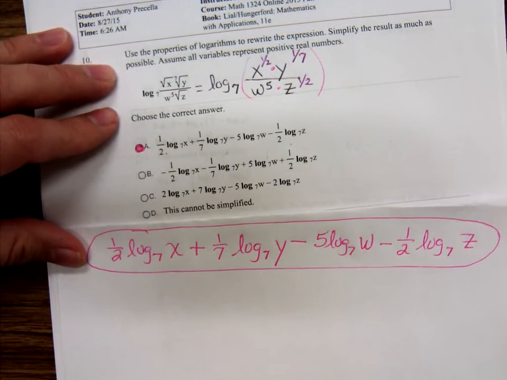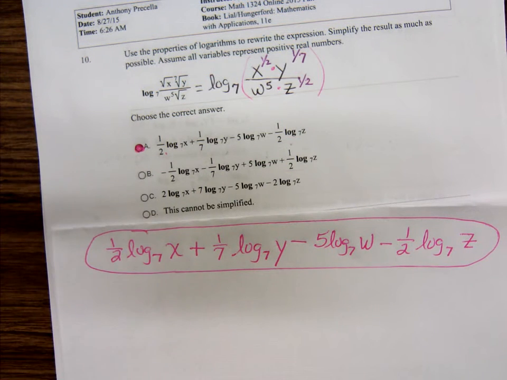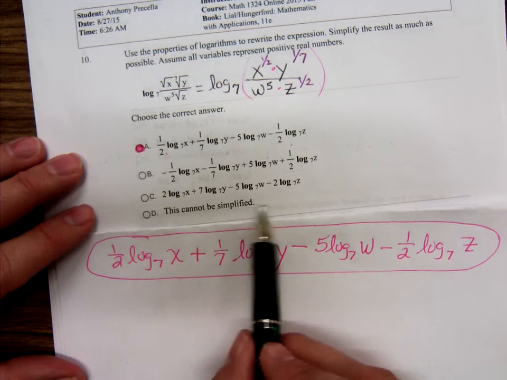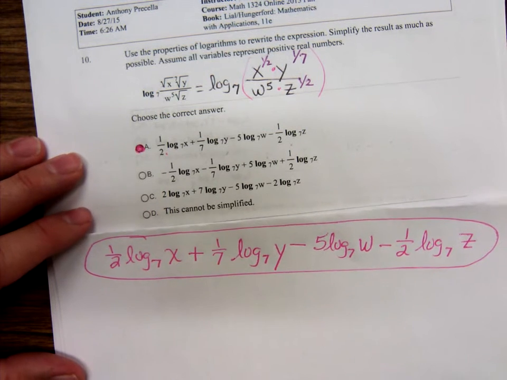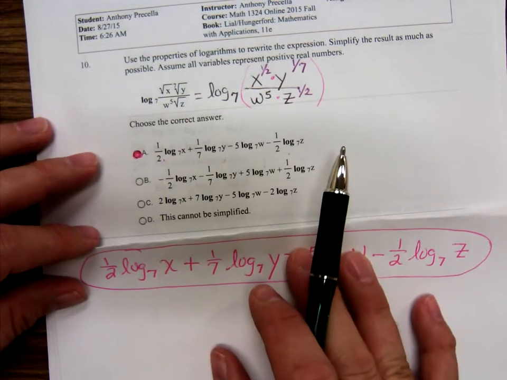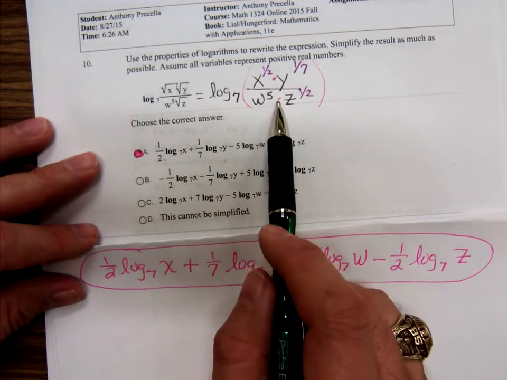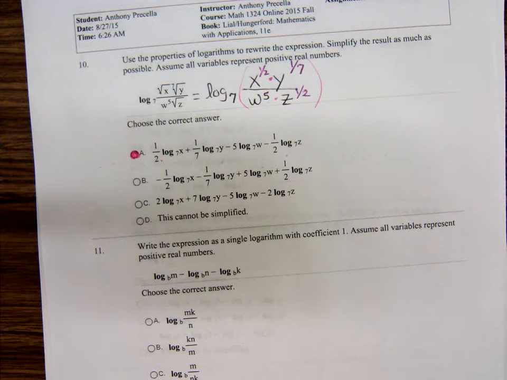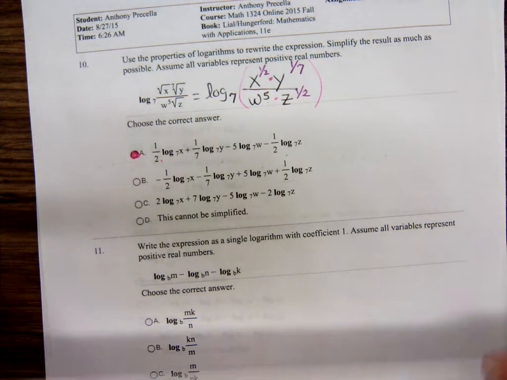Now, a little word about this: cannot be simplified. Sometimes students don't understand the importance of why I'm putting these little dots here and so forth. You separated multiplication and division. If you had a problem that looked like this one, here's one that couldn't be simplified.